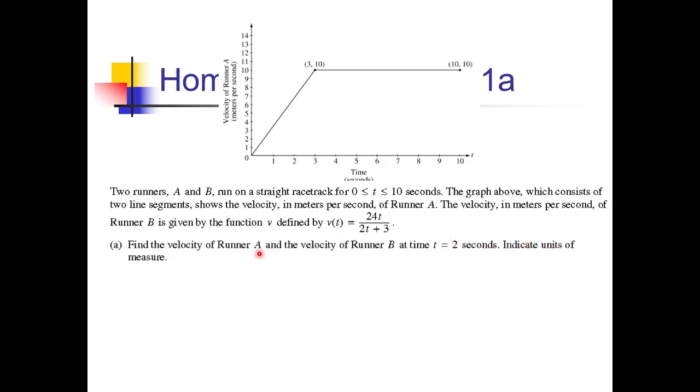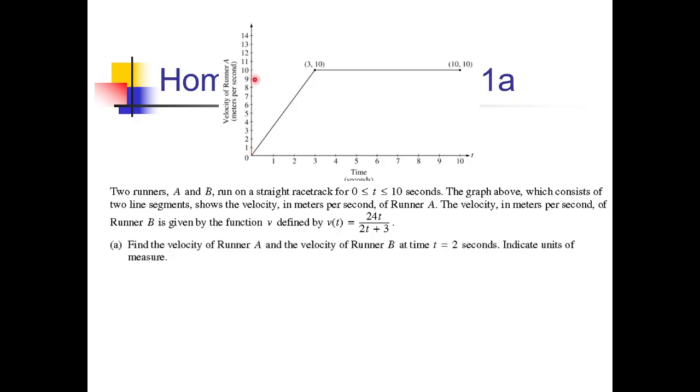For runner A, they didn't actually give us a formula, but they want the velocity at time 2. So we basically need to come up with a formula for the velocity and then plug 2 into it. Since the velocity between 0 and 3 is just this slanted line, we just need to write something in y equals mx plus b form. We'll have a y-intercept of 0 here, so we really just need to know the slope.